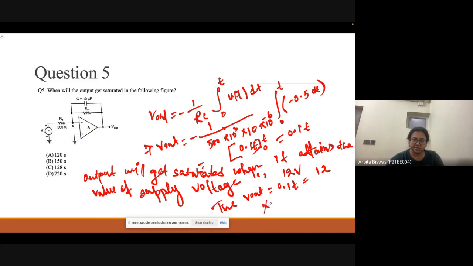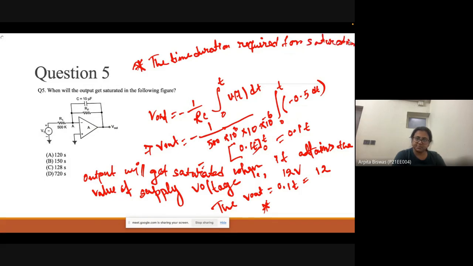So here we can write the time duration required for saturation of the output voltage, that is T equals 12 by 0.1.